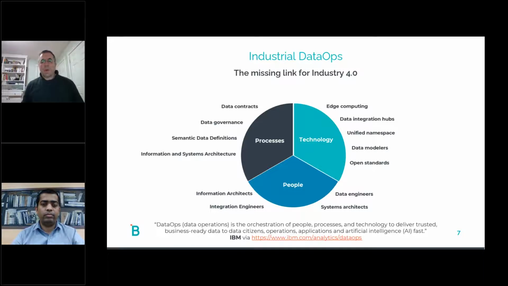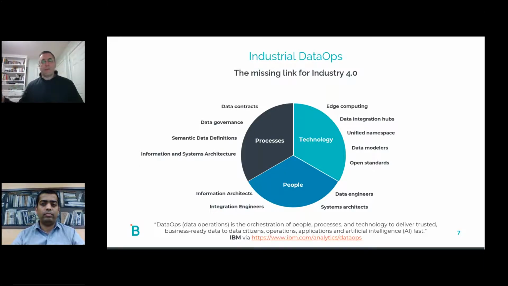And the third component of Industrial DataOps is technology. Now, technology includes a number of different concepts. Industrial data starts at the edge. Industrial data starts with the machinery. So we need to think about the edge and think about what do we want to do close to the machine? What do we want to do in our central servers and data infrastructure that we've had in place for many years?